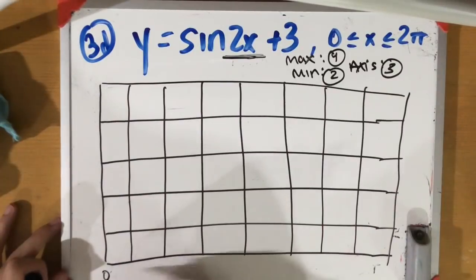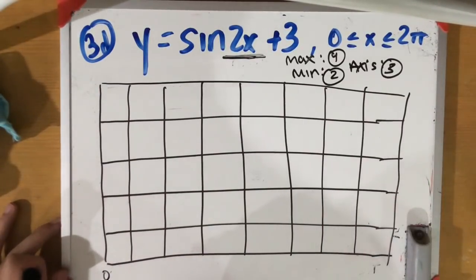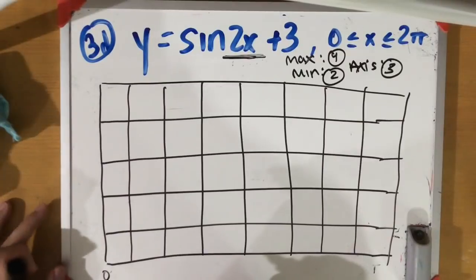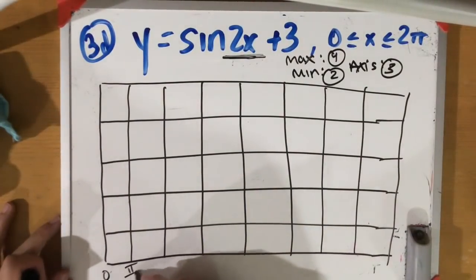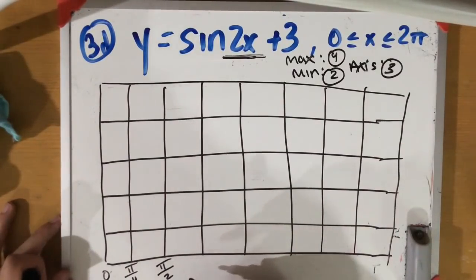So again, we're still going to start off at 0. Instead of going pi over 2, which is 90, we're going to go pi over 4, which is 45. Then to 90. 135 is 3 pi over 4. If you're confused, just add 45, so you can add pi over 4 to pi over 2. You end up getting 3 pi over 4. You can use this to your advantage because this is equivalent to 45 and you're going up by 45.